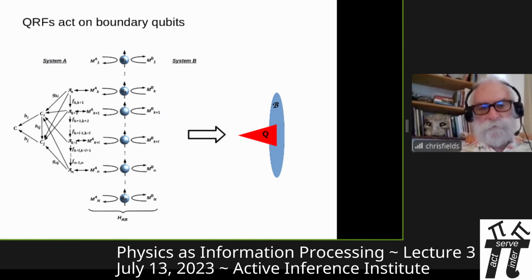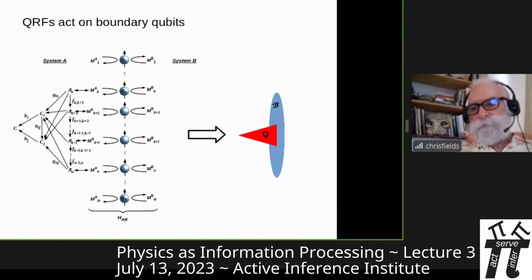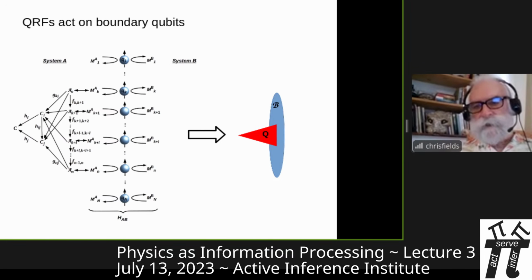And I'll represent this whole business with just a triangle labeled Q for some QRF that's attached to the boundary. And we can use this simple notation then to investigate what sorts of structures one gets when one starts to think about systems as implementing specific QRFs.